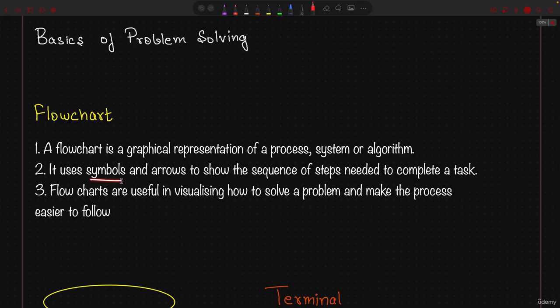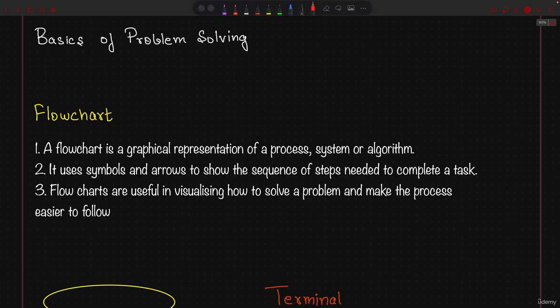It uses symbols and arrows to show the sequence of steps needed to complete a task. Flowcharts are useful in visualizing how to solve a problem and make the process easier to follow. The biggest advantage of a flowchart, which I feel, is that it is understood by each and every one, right? So if you're solving some complex problem, and the target audience is someone who doesn't know anything about programming, they will also be able to understand the flow of a flowchart.